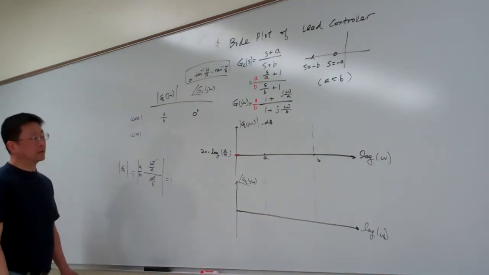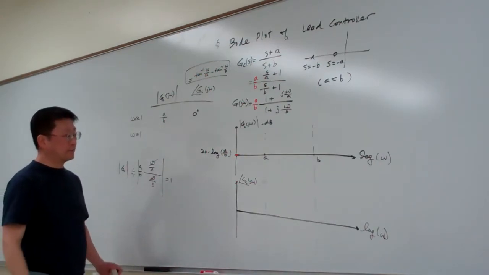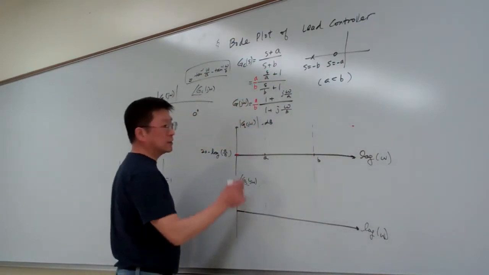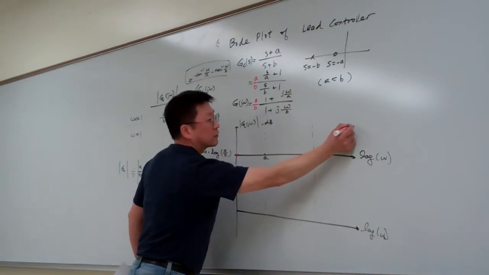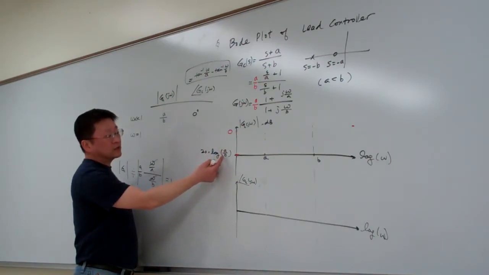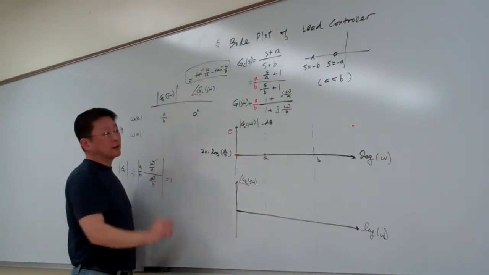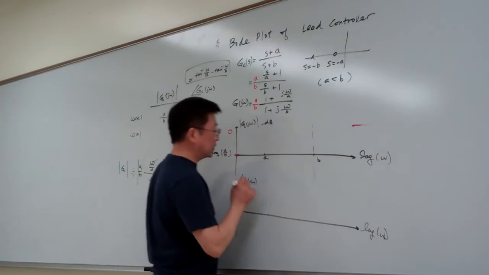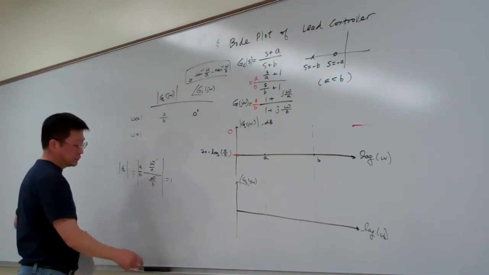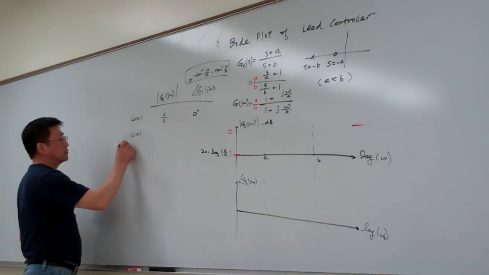Basically, this is equal to 1. So when going to large omega, the value here corresponds to 0. And because for this case A is less than B, the magnitude is approaching 0 dB. Okay, so here let me just draw the asymptotes. So that's the asymptotes, and then we can work on the details. And now we work on the corner frequencies.